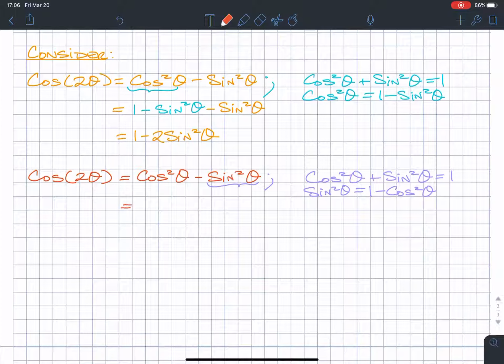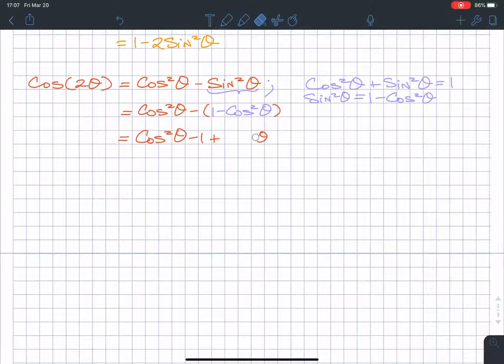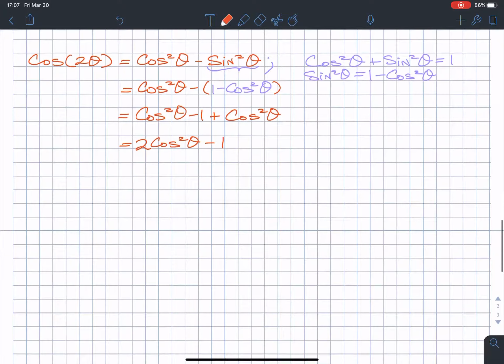So I can rewrite this as cosine squared theta minus the quantity, because I have to distribute that negative, 1 minus cosine squared theta. So this gives me cosine squared theta minus 1 plus cosine squared theta. That's a terrible cosine squared theta. Let me rewrite that better. So I have 2 cosine squared theta minus 1. Okay.